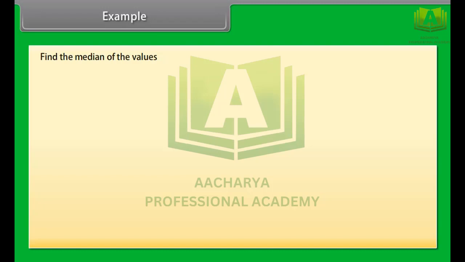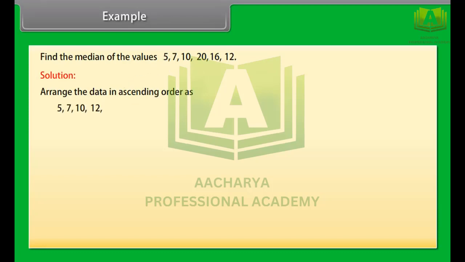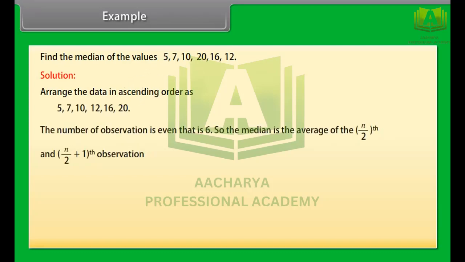Example. Find the median of the values 5, 7, 10, 20, 16, 12. Solution. Arrange the data in ascending order as 5, 7, 10, 12, 16, 20. The number of observations is even, that is 6. So, the median is the average of the n by 2th and (n by 2 plus 1)th observation.